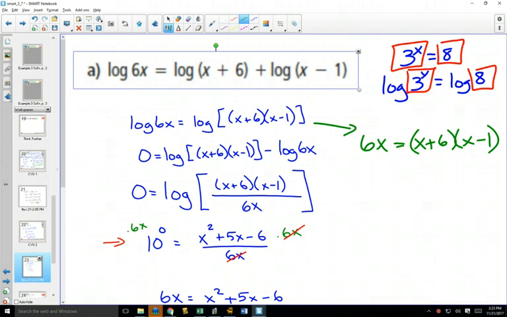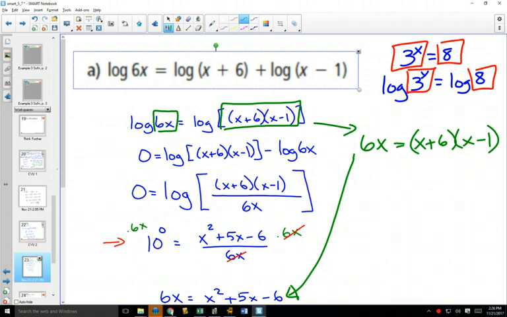I'm saying if I have a log equals a log, by logic, the insides have to be the same. That would only work if I have a log equals a log. Any other numbers on there, that wouldn't work. But do you see how many steps that would save? You move right to there. Okay?